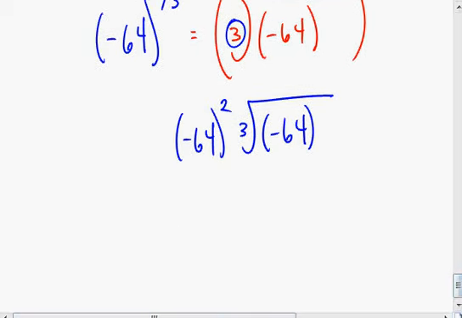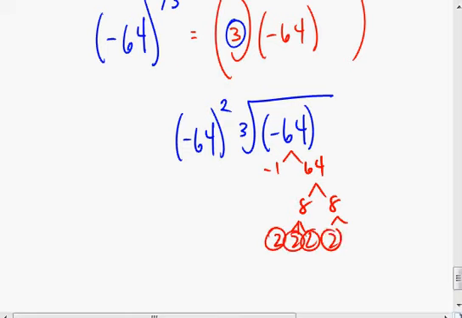Okay, now the negative 64, let's break that down. I'm going to do this first. 8 and 8. 8s are 4 and 2, so it's 3 2s. So what I got is 6 2s and this negative 1.